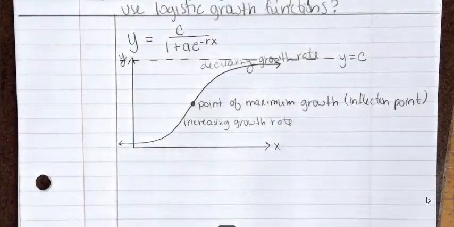That's a great example of a logistic function. They're used a lot to model real-life quantities whose growth levels off because the rate of change of growth changes. It basically starts to decrease.